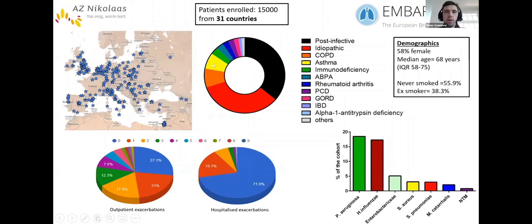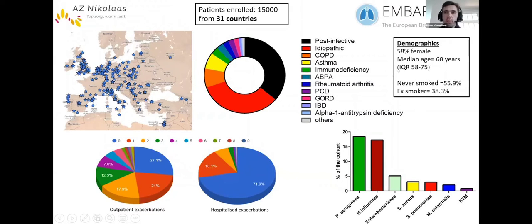A large part as well are asthma and COPD, and then immune deficiency, rheumatoid arthritis, ABPA, which is allergic bronchopulmonary aspergillosis. Primary ciliary dyskinesia in purple, which is dysfunction of those cilia I talked about earlier. And then GORD, which is reflux disease, and IBD, which is inflammatory bowel disease.